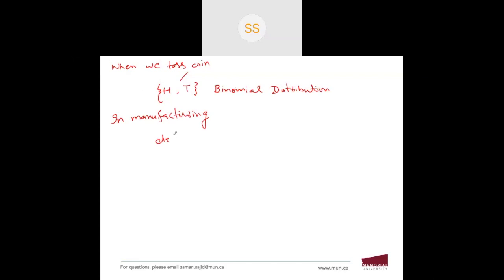Either it could be a defective product or it could be a non-defective product. Because there are two possibilities, it also follows the binomial distribution.